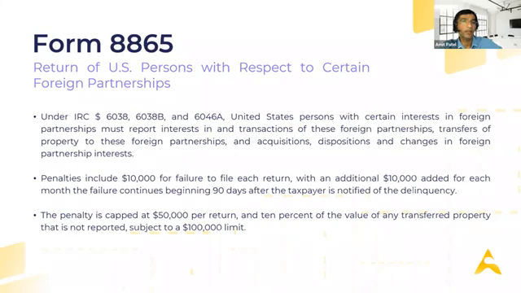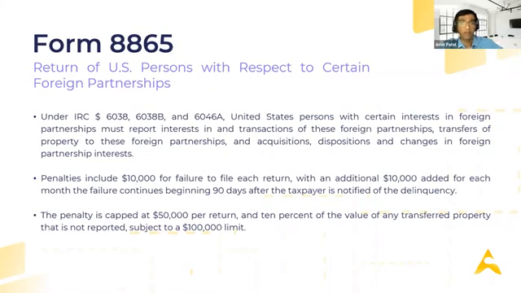So if you are a partner in a foreign partnership where you acquired or disposed of, or even if there is no change in ownership but you have a controlling interest, you have a Form 8865 filing requirement.